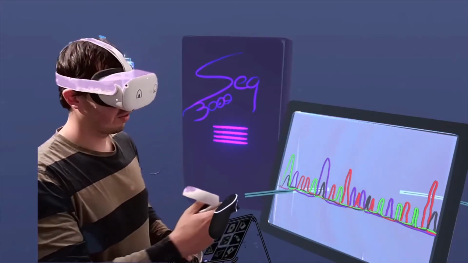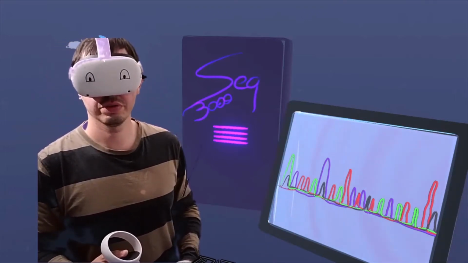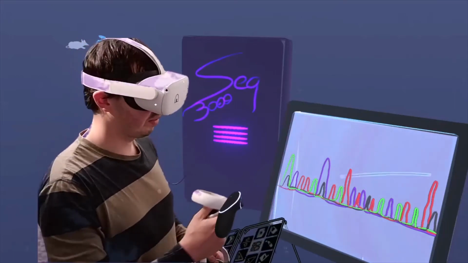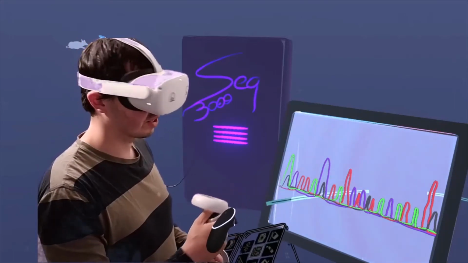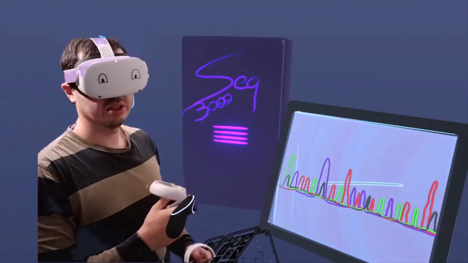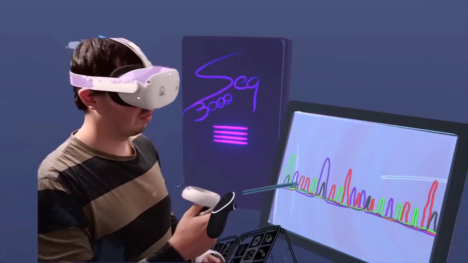So you have a graph here with 4 colors. There are 4 different nucleotides, A, T, G, and C. So let's say that maybe A is green, G is black, and so on. This machine here cuts one nucleotide after the other and gives you peaks.